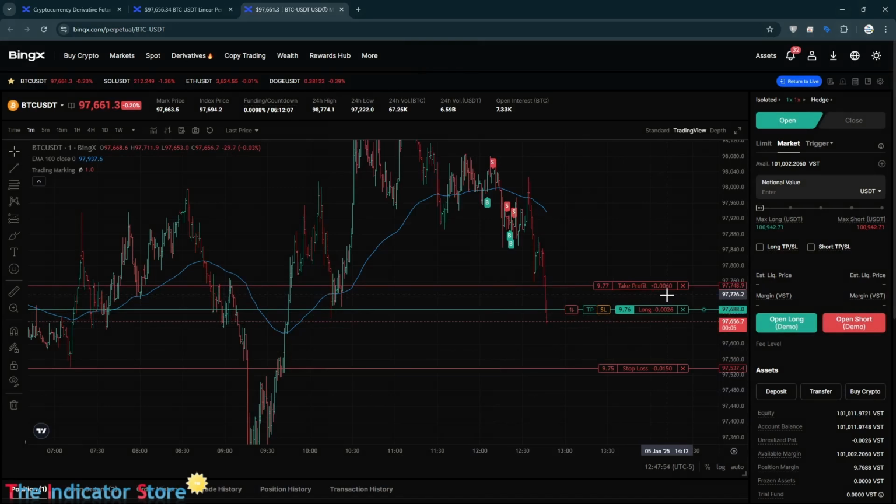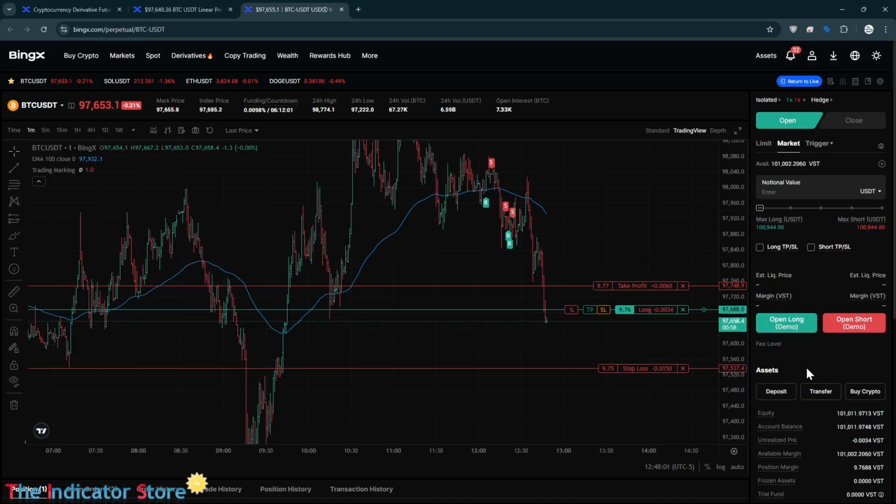And also we can see which is the possible target and the possible stop. So even with a real account, we can do our test with live, because you can see we are only risking less than 1 cent.